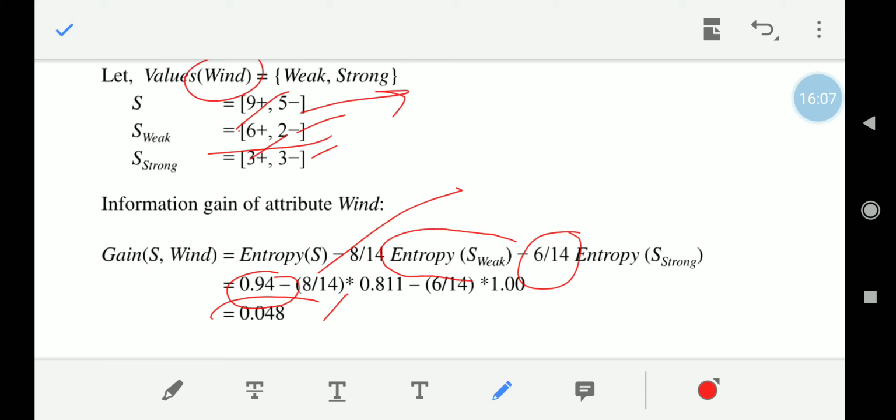We have to calculate the entropy S weak, entropy S strong. How will you calculate the entropy for S weak and S strong?